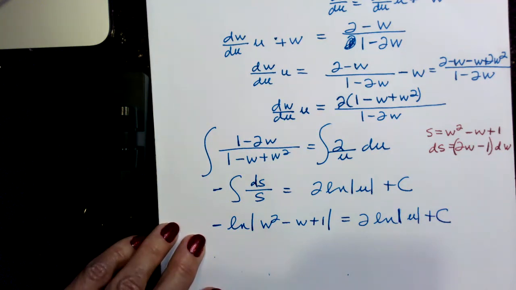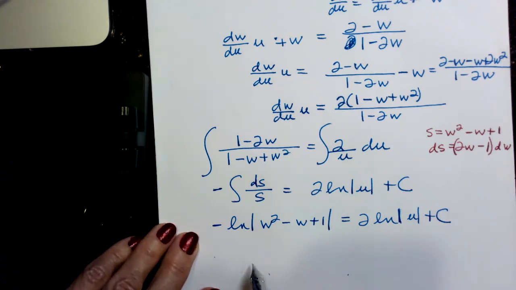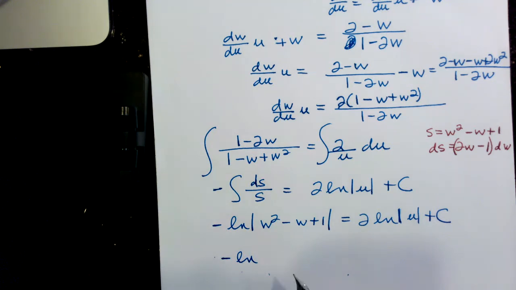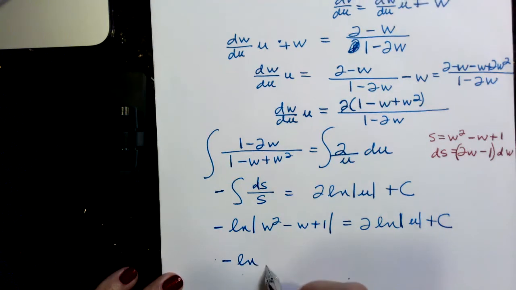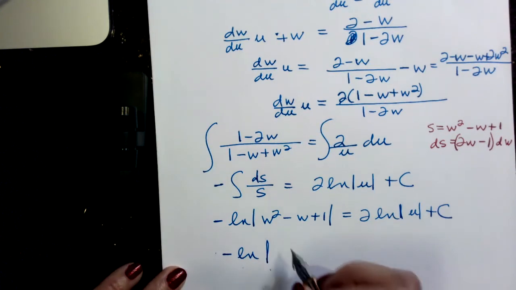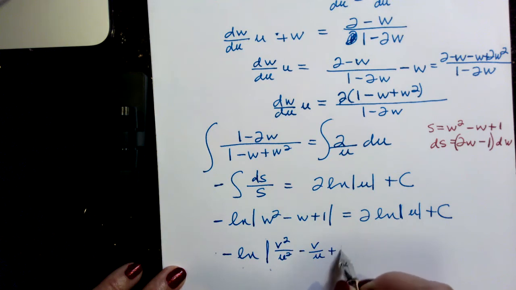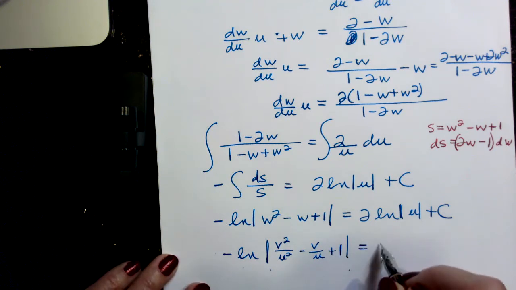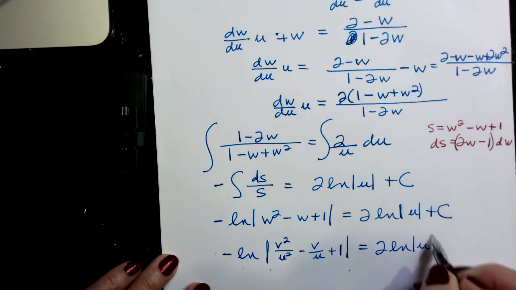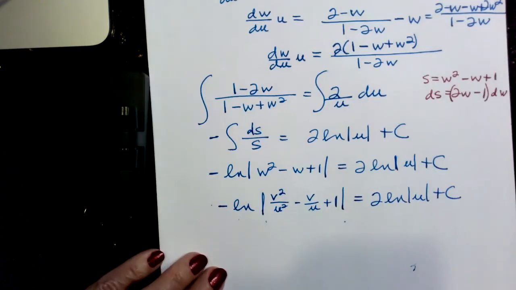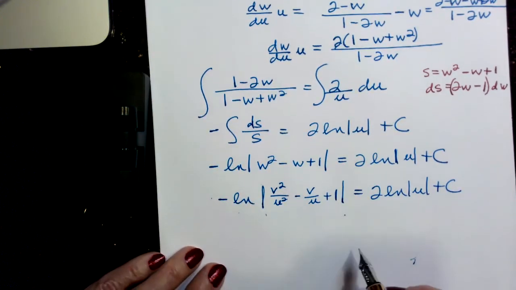And so W was V over U. So this is minus ln of (V squared over U squared minus V over U plus 1) is equal to 2 ln U. Okay. Maybe it would be best to get this as a single rational function.